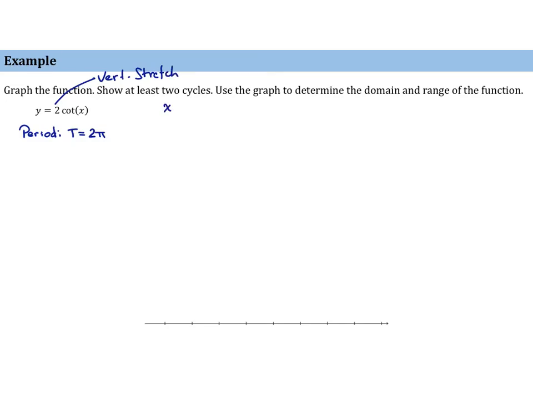So if we look at our table for our cotangent function that we start with in our parent function, we have 0, π/4, π/2, 3π/4, and π. And then we have undefined for the y values to begin with and end with. In the middle we have 0. And then remember that our function decreases on the period unless there has been a reflection, which we do not have. We do not have a vertical reflection, a reflection about our x-axis.